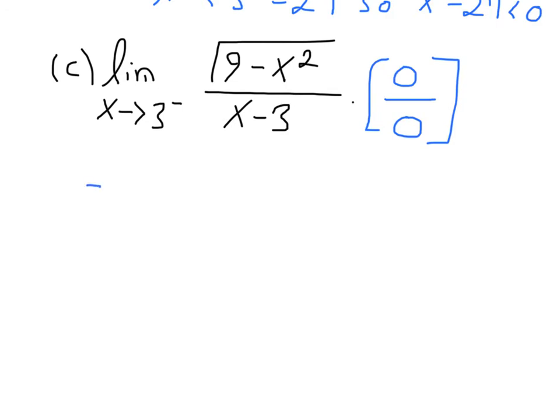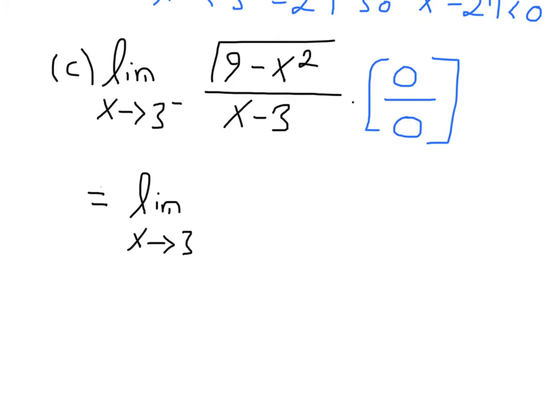Well, we'll do the only thing that may seem natural, which is we'll look at that numerator there, and we see that there's 9 minus x squared. That is a difference of squares, so we'll find out if this will help, but it seems like a natural thing for us to do.